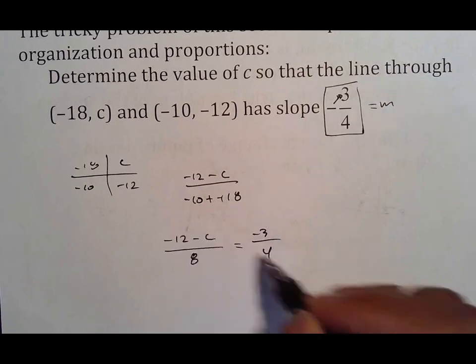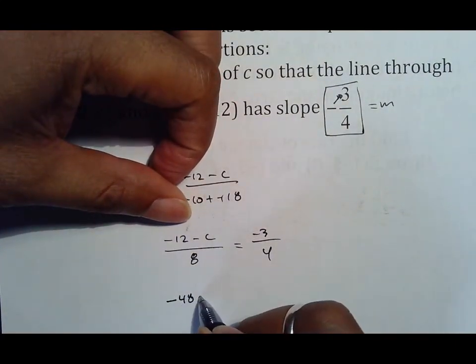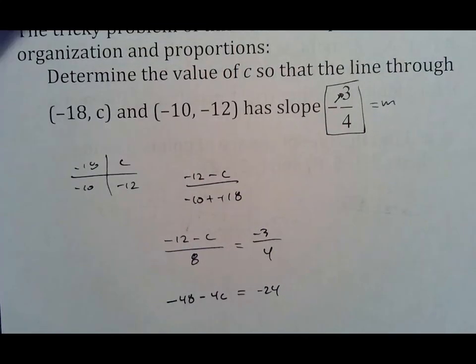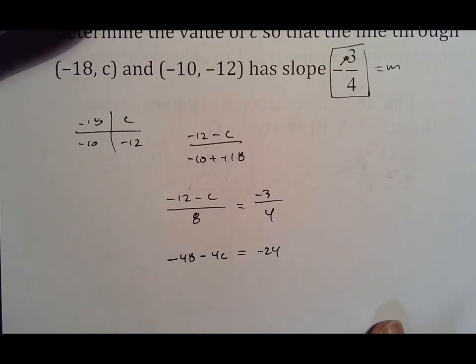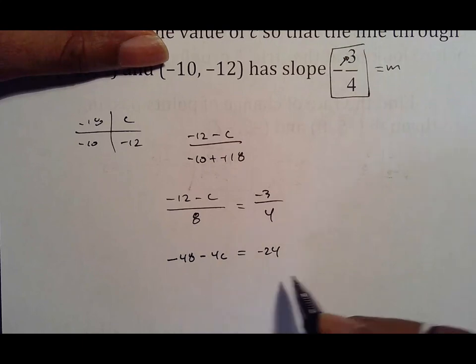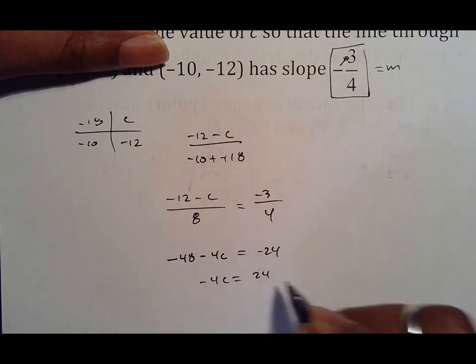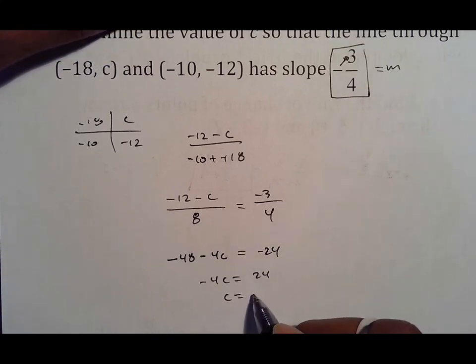And now when I do my work, remember you have to do 4 times both of these, so negative 48 minus 4c equals negative 24. I will then move my 48 by adding 48 to both sides, getting 24 equals negative 4c, and therefore c should be equal to negative 6.